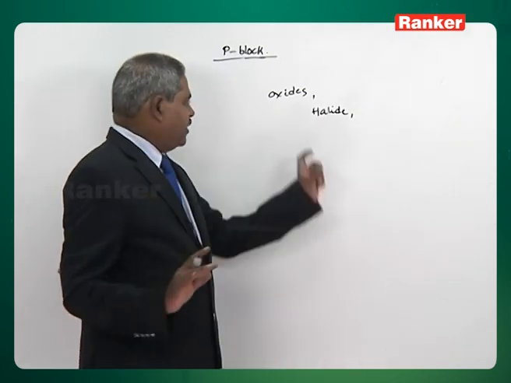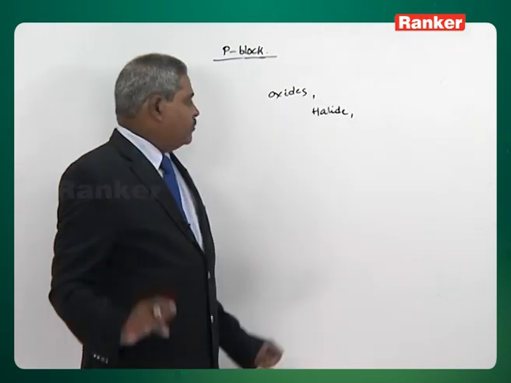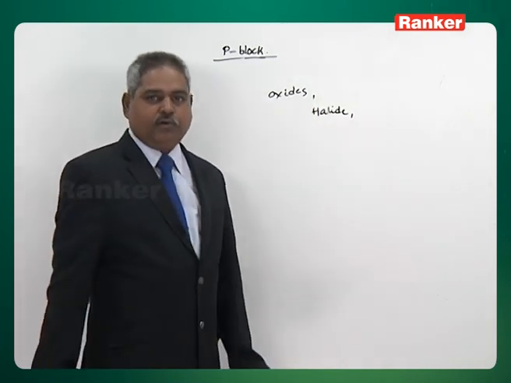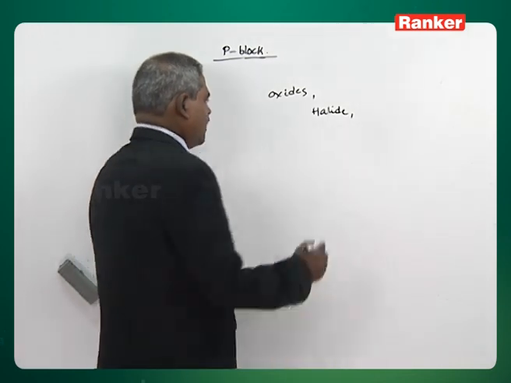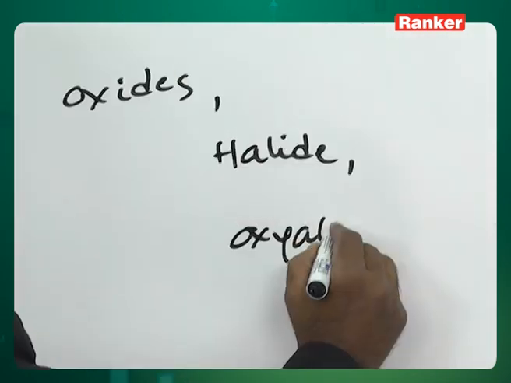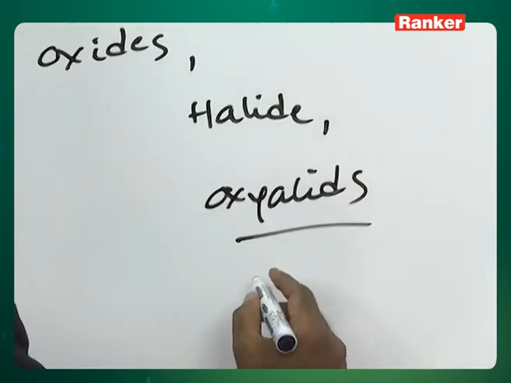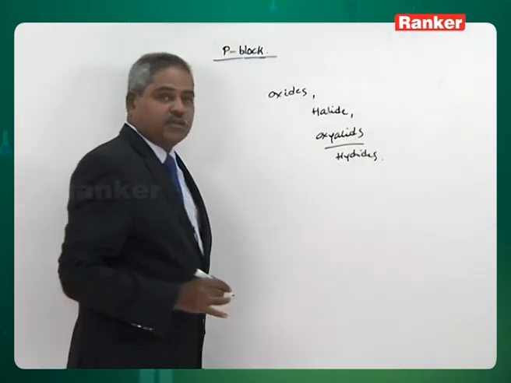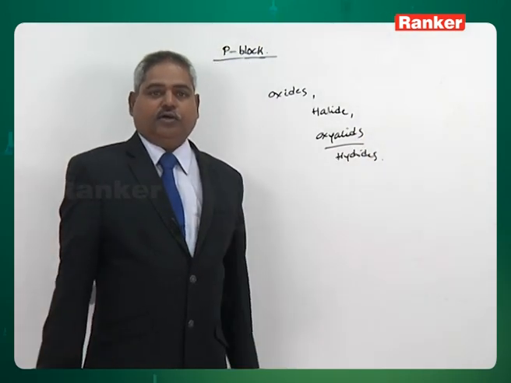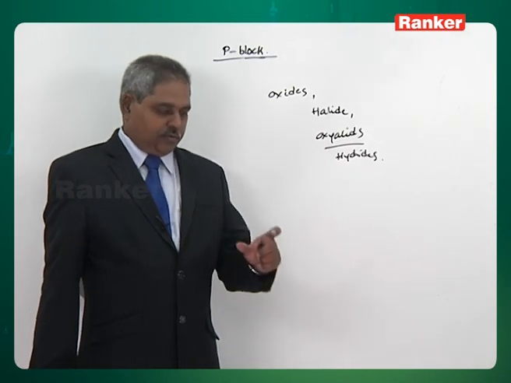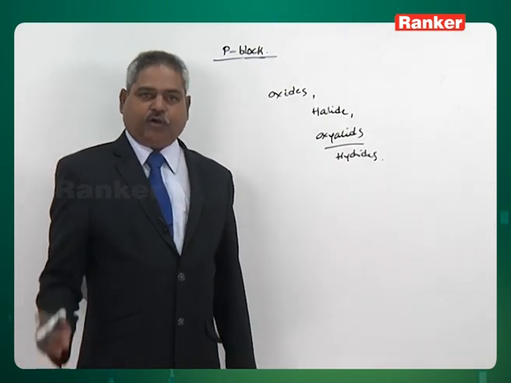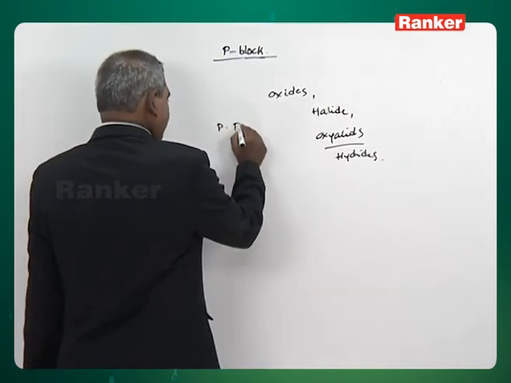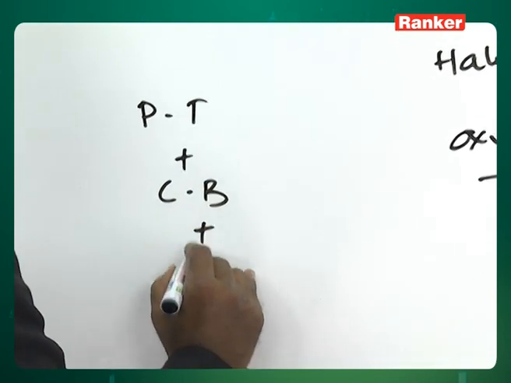Halides we confined to p block, we were not discussing metal halides because that's a little out of the way here. And now oxy acids followed by hydrides. We just have 2 more areas in the biggest part of inorganic chemistry.